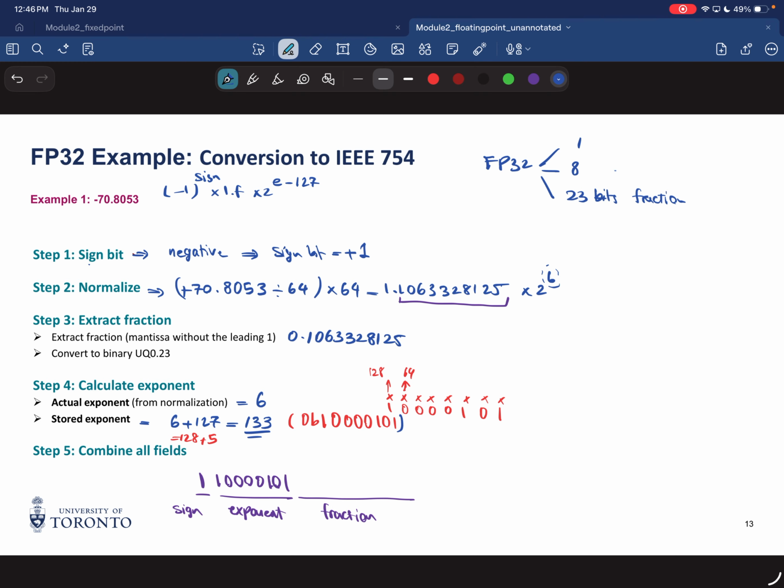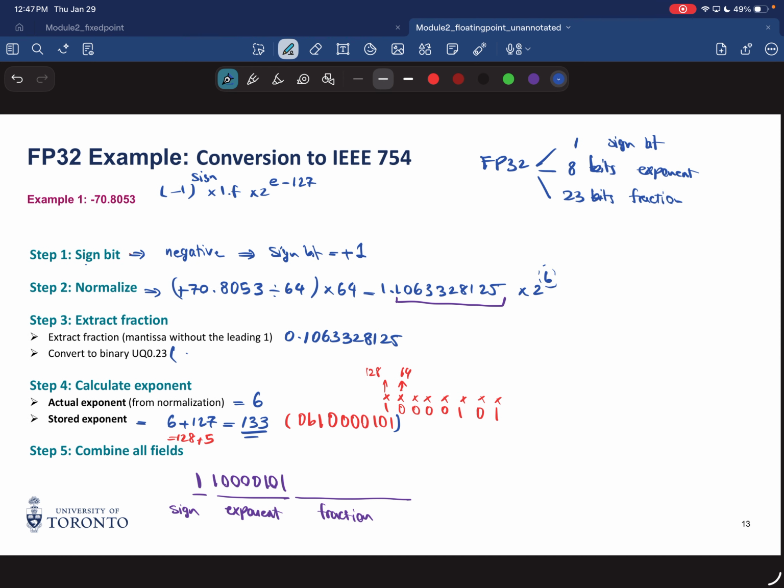So we are showing exactly this fraction number in UQ0.23. Or as you know it, this can be shown as UQ23, like this. So in order to do that, we multiply it, remember from fixed point?